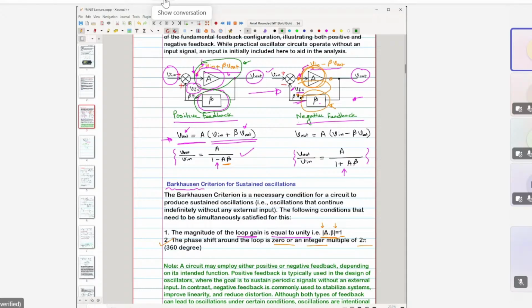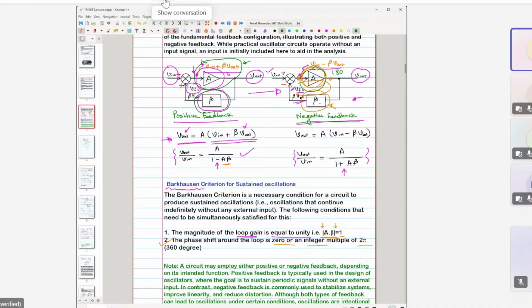However, if we consider this part, that is the negative feedback part, here this amplifier will produce a negative phase shift, means 180-degree phase shift. Right? This 180-degree phase shift will be produced by this amplifier. For example, if you are using a CE amplifier, then the CE amplifier produces 180-degree phase shift.